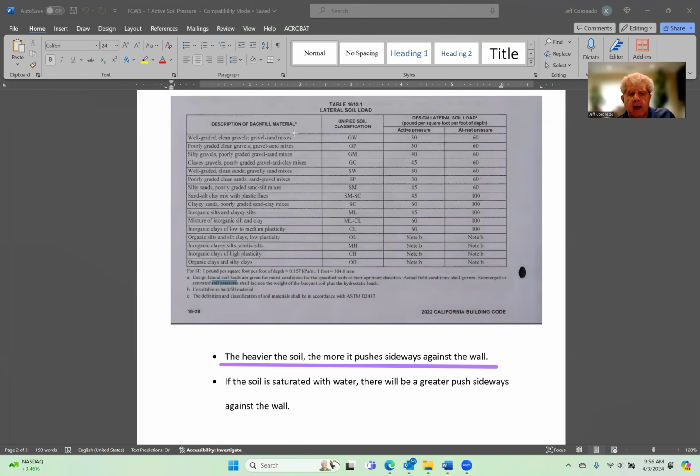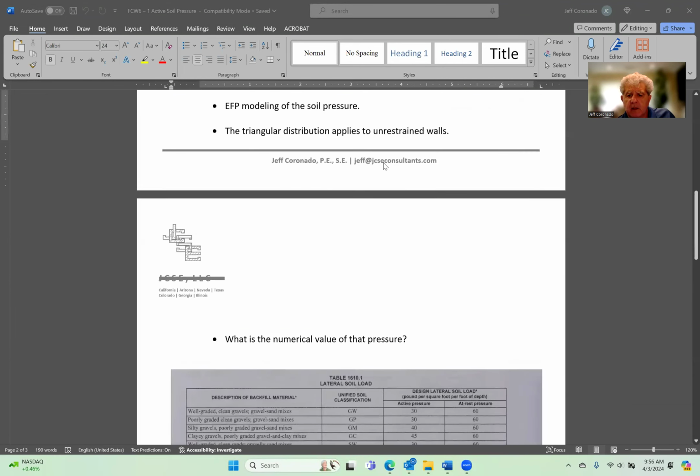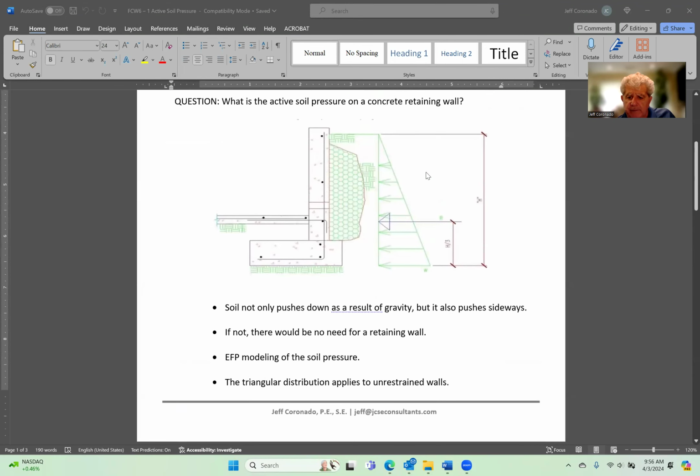Again, almost intuitive, right? If this soil were dry, then there's going to be this certain push.